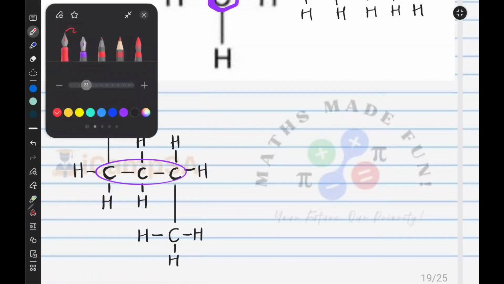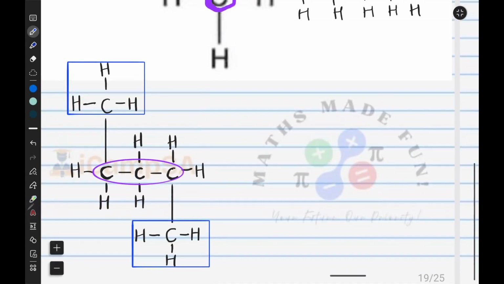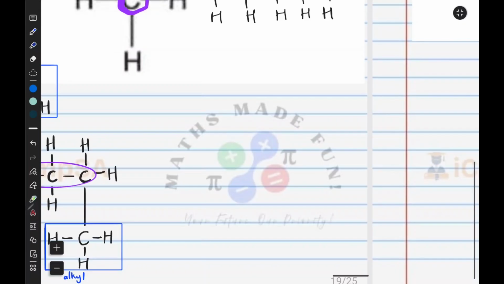In fact, let's use blue. And that one is your alkyl group. So this is incorrect.